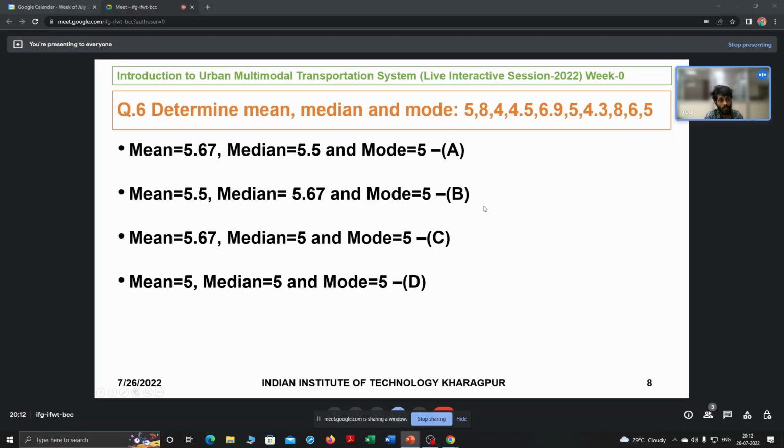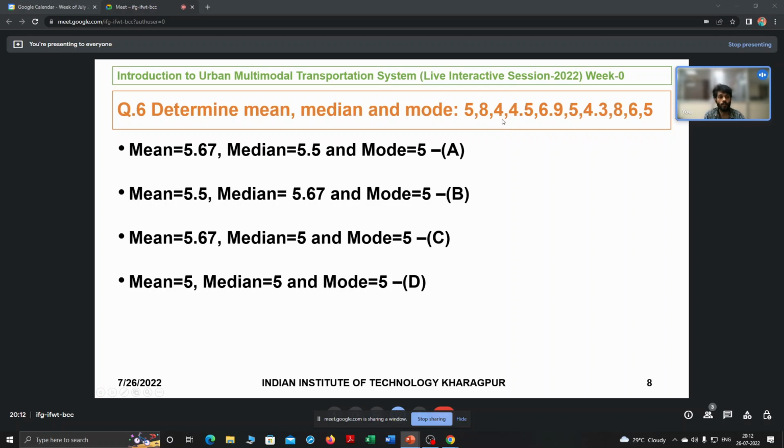So then the median. If you rearrange this data in ascending order, the lowest value here is 4, I believe, right? And the highest value is 8.